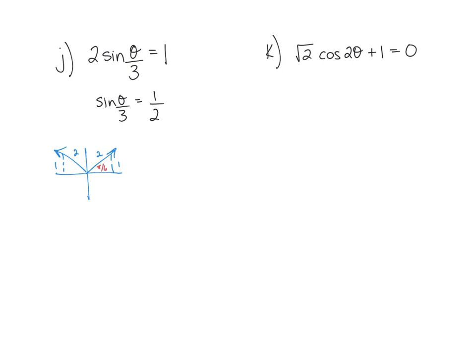And so then I'm going to just think of this as all one angle together for right now. So sine of what value will give me 1/2? And so I know that it's going to be theta divided by 3, and that's going to give me a pi by 6, or it's going to give me a 5 pi by 6.